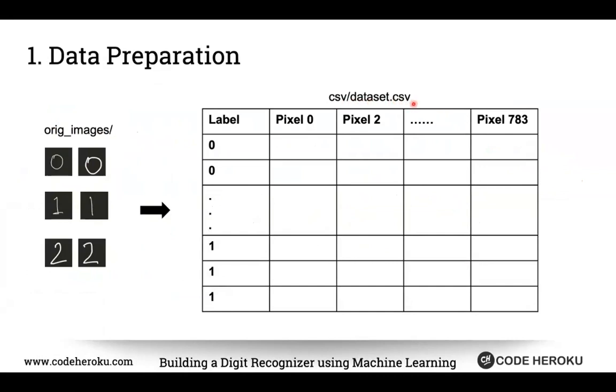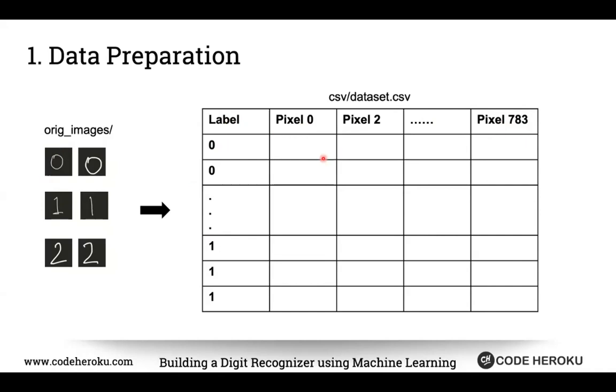Within the CSV folder, I'm going to store the dataset.csv file, and I'm going to take the first column as a label, which is 0, 1, 2, and so on. And in the rest, 784 columns, 0 through 783, which is a 28 by 28 image, each image you will convert to a 28 by 28 size and then store in a CSV file as ones and zeros.